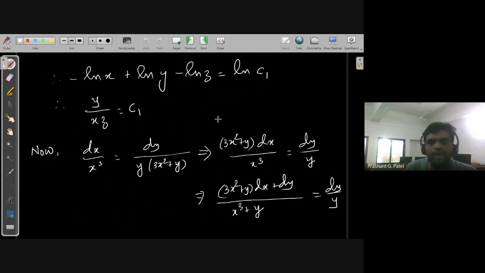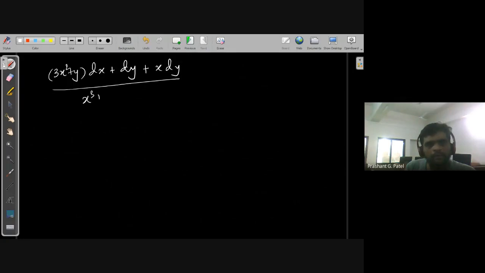What I'll do is 3x square plus y dx plus dy is already there. I'm adding x dy. In the denominator we have x cube plus y plus x dy, so it is xy, is equal to dy by y.